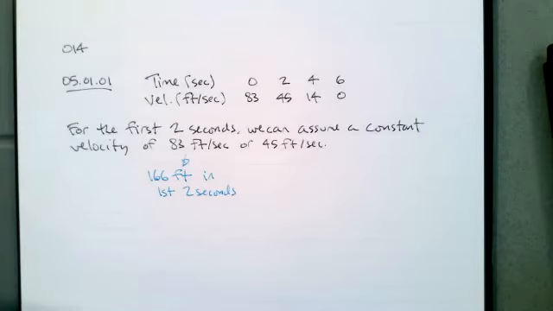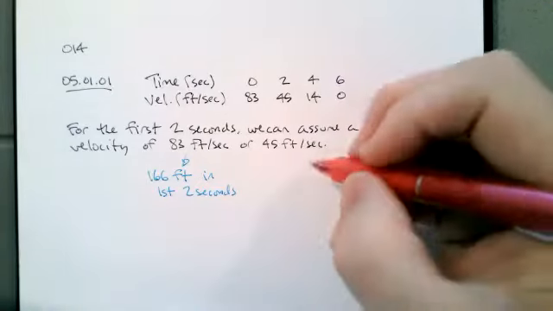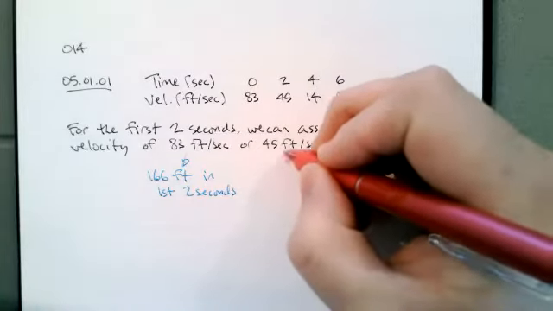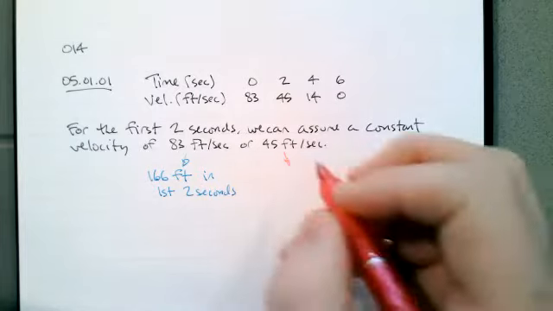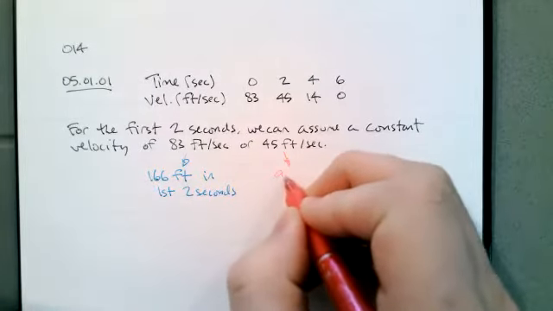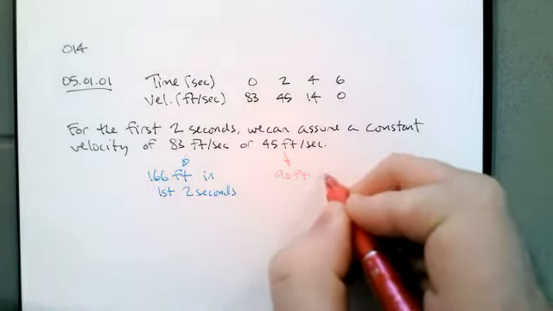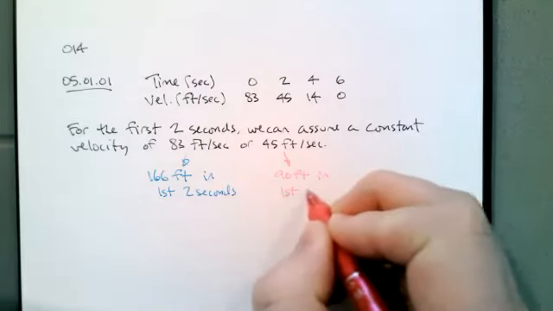Or we could say that we're traveling 45 feet per second for that whole first 2 seconds. We hit the brakes at 0 seconds, immediately our speed dropped down from 83 to 45, and we just did that. In any case, that would be an underestimate or a lower bound on the distance that we traveled. So that would be 90 feet in the first 2 seconds.